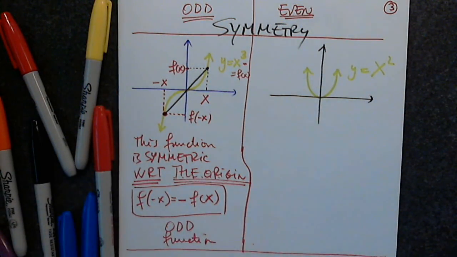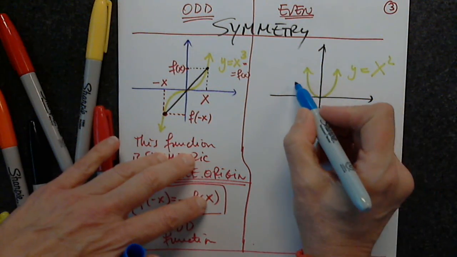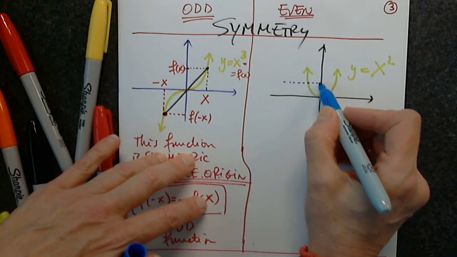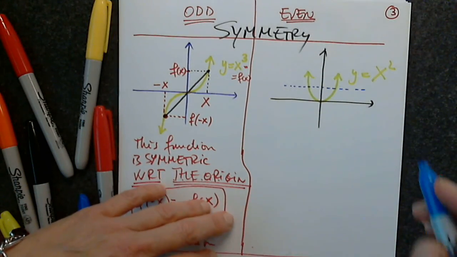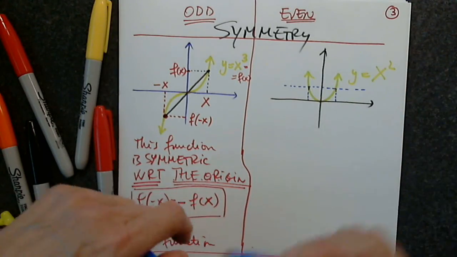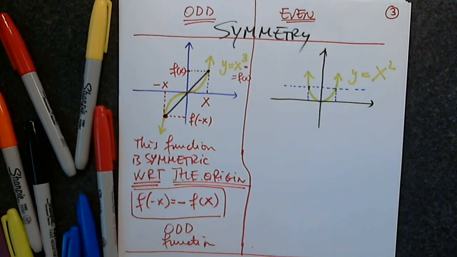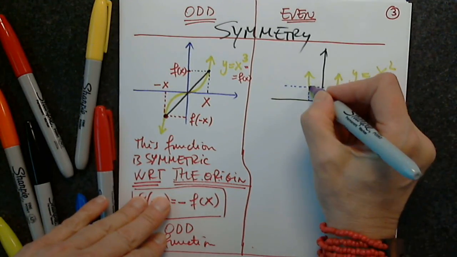So let's draw a horizontal line, dotted line. This is a horizontal line anywhere you want. And I would like you to give me the coordinates of this point first, and then this point.